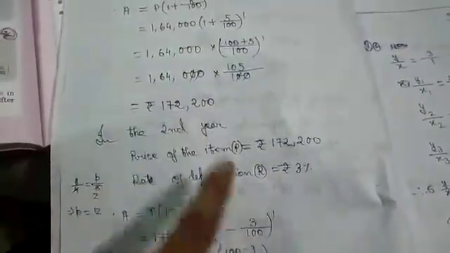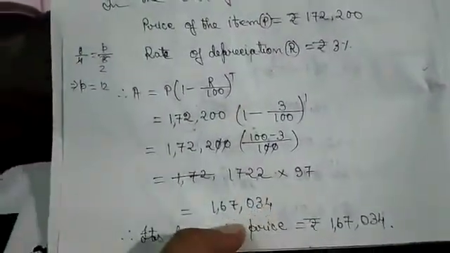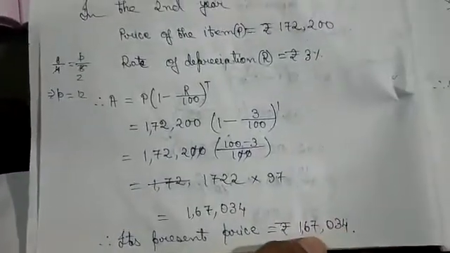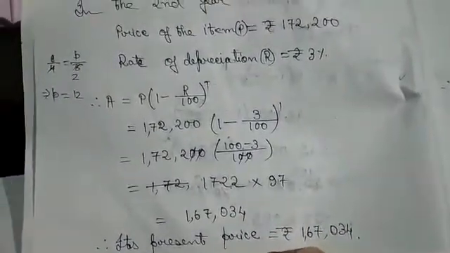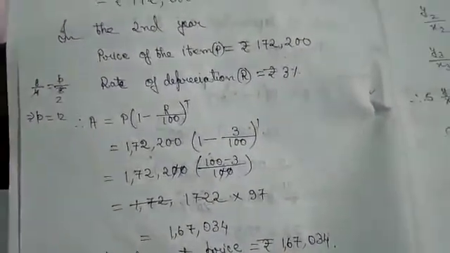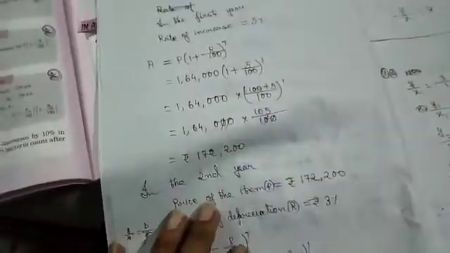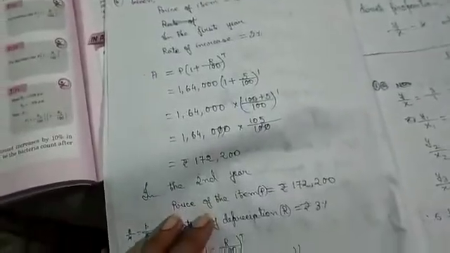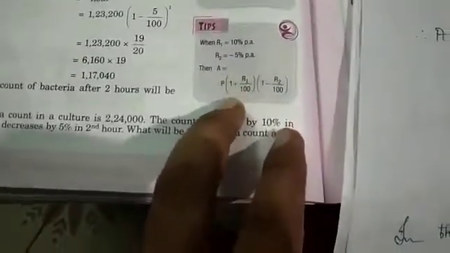So in the first year this value came, and for the second year this value came. This is the value that the question asked, 1,67,034. And remember, this problem can also be done by using this formula.